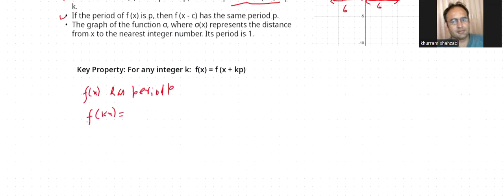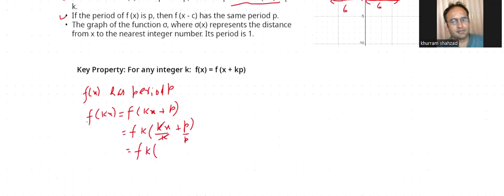Since p is the period of f of x, we can add this p into kx by the definition of the period of the function. So we can write this like that. We multiply this by k and divide it by k, plus p. So f of k times x plus p over k, the k is cancelled with this k. We have to divide also with k.